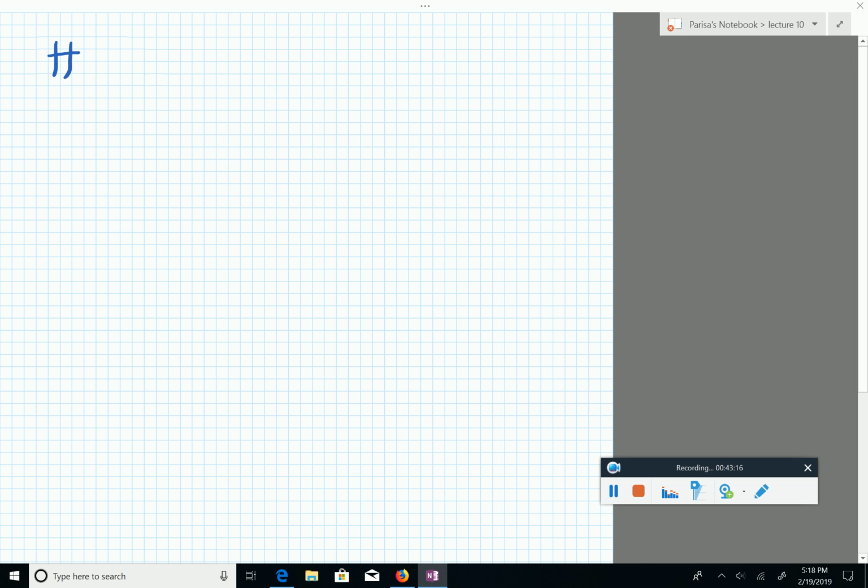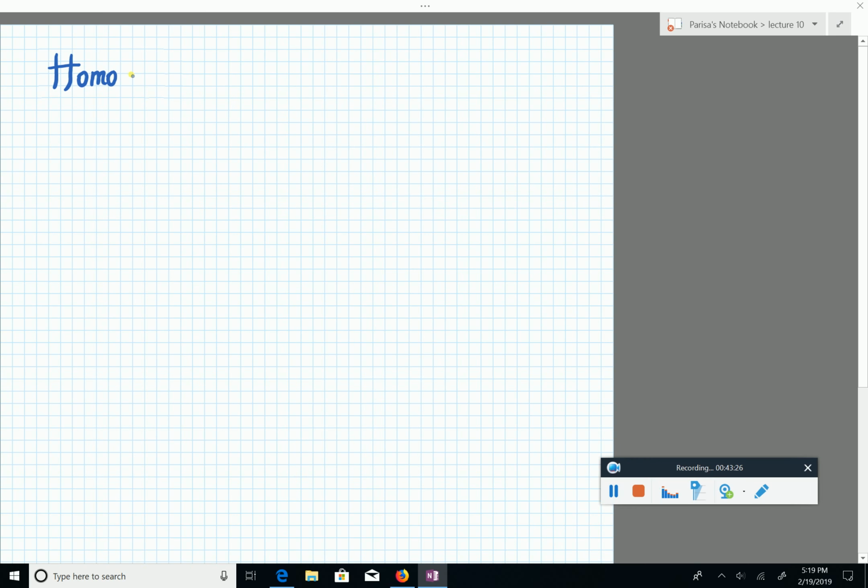Let's not talk about it now, just take a few seconds to think about it. So you have a material which is homogeneous. What does it mean even when we say homogeneous?